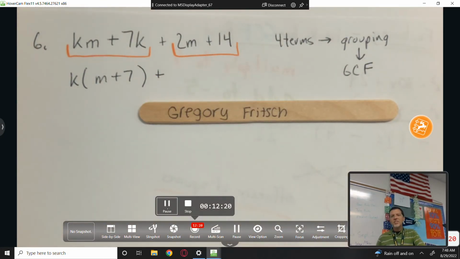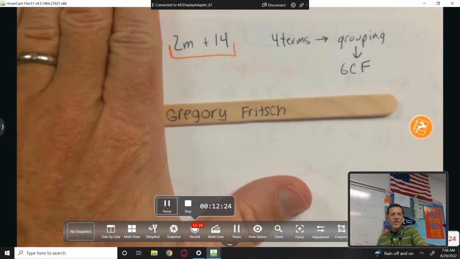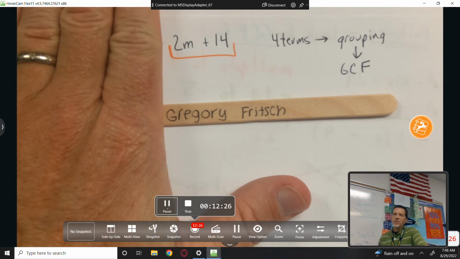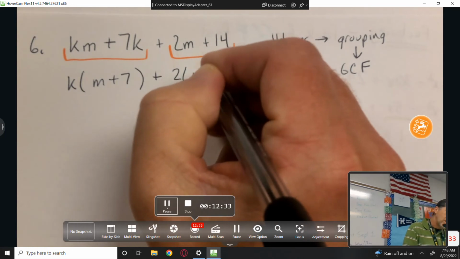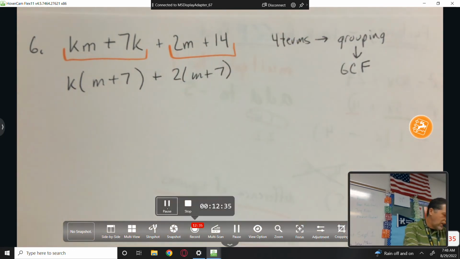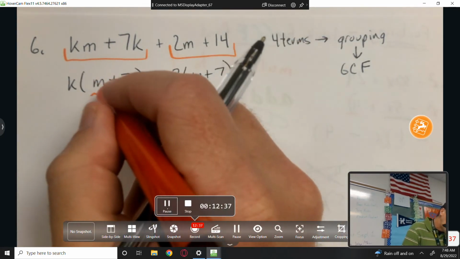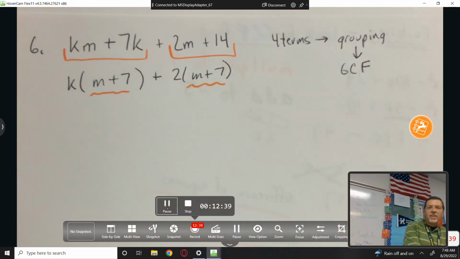Gregory, on the second set of stuff, what would our GCF be? Again, we're only looking at that second set. What could we factor out of that? A 2, and what would that leave us with? M plus 7. Well, isn't that convenient? That M plus 7 is the leftovers in both of them.